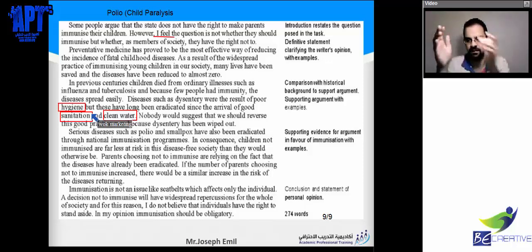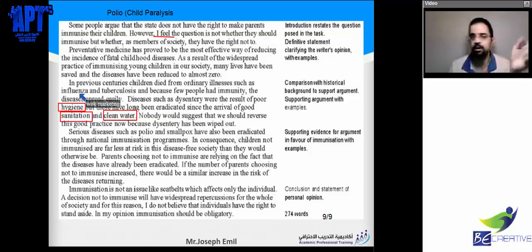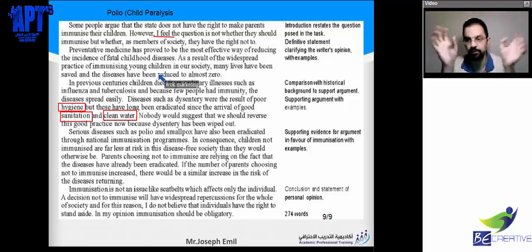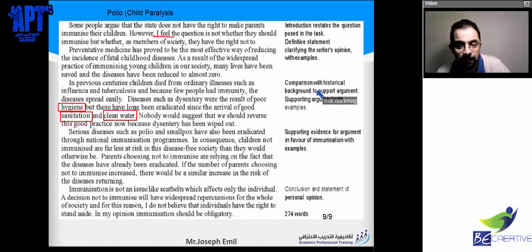So he said that just as dysentery has been eradicated because of hygiene, diseases such as influenza and tuberculosis should also be removed by the use of vaccines. So he has used some sort of comparison. This is perfect. Comparison with historical background to support the argument, supporting arguments with examples.